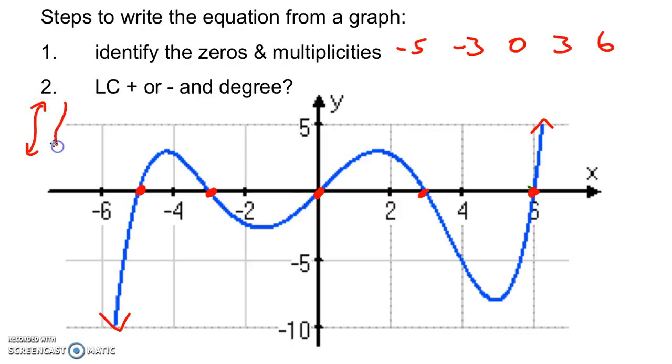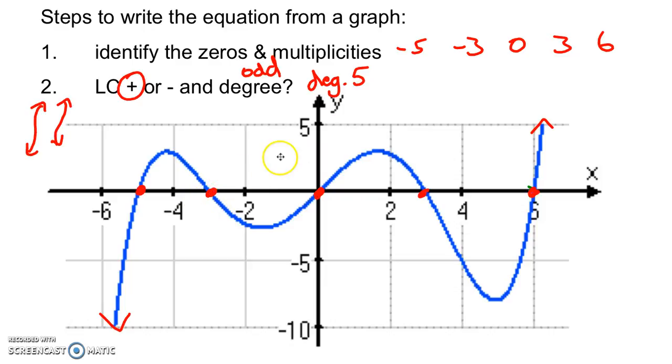I didn't draw it very well. It's a positive cubic function, the regular way, not flipped upside down. So our leading coefficient will be positive, and the degree, not only is it odd, but I have 5 solutions, so my degree is 5.